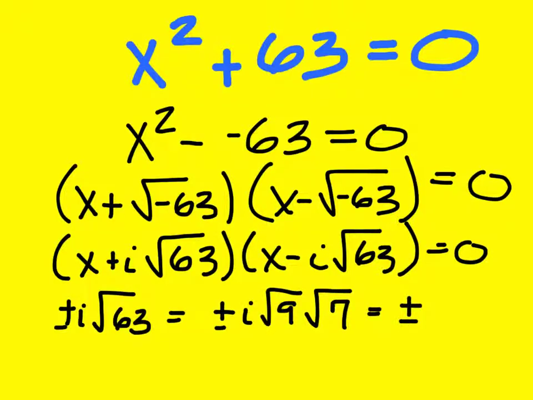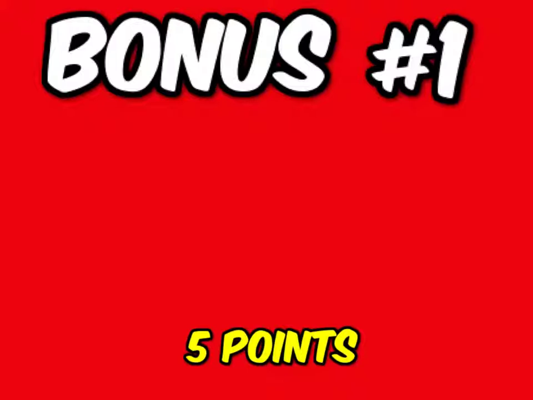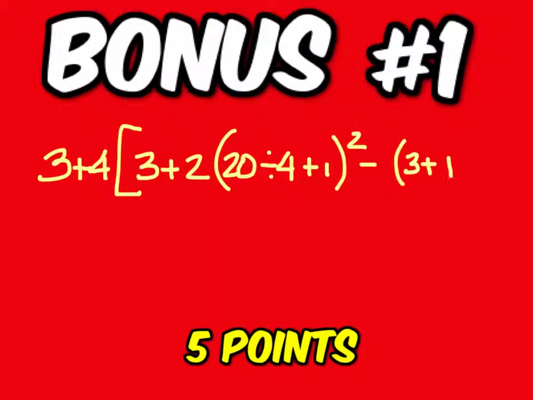So plus or minus 3i square root of 7 is the answer. The bonus answer is 107.